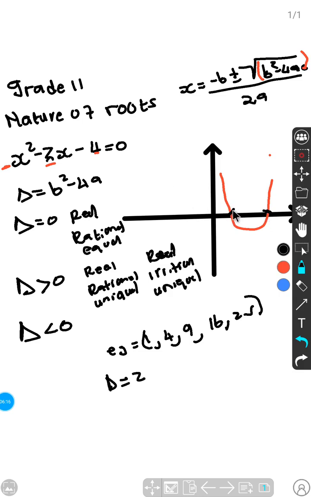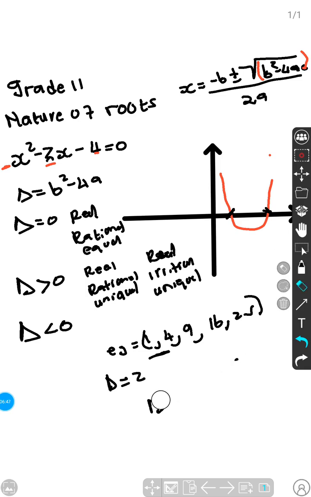You see, the roots are unequal. But the difference between these two, even though in both the discriminant is greater than 0, is that for real, rational, and unequal roots, your discriminant is a perfect square, and for real, irrational, and unequal roots, the discriminant is greater than 0 but is like, let's say, 12 or 85, those numbers.